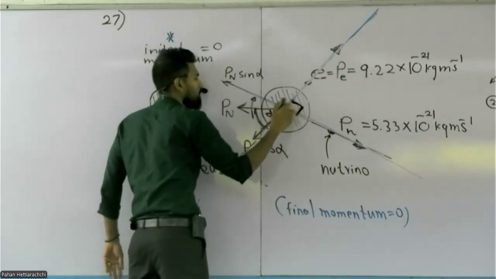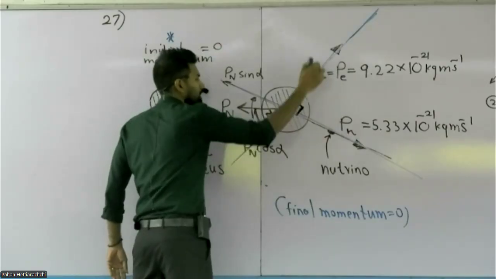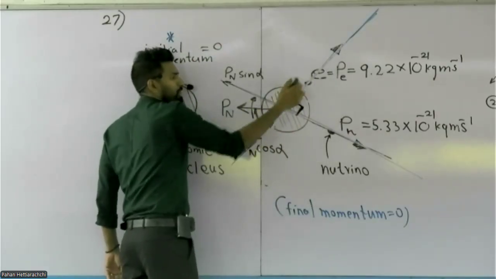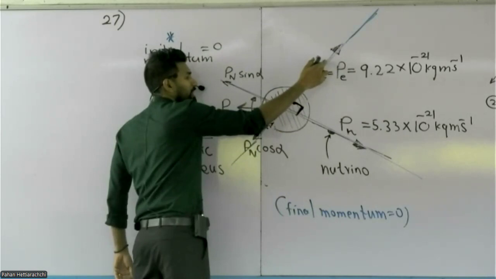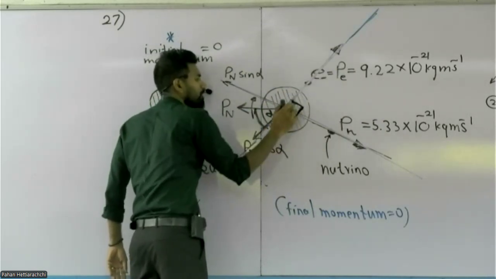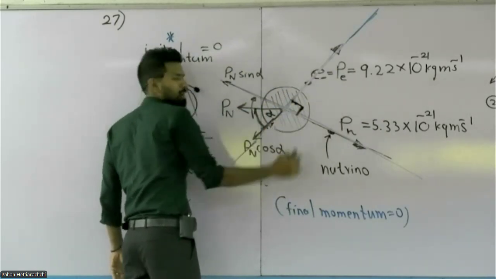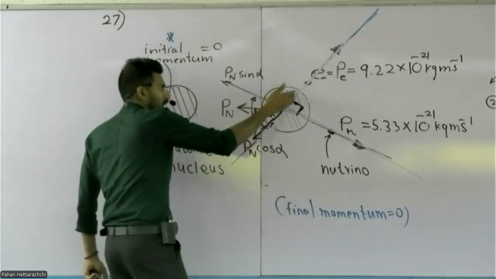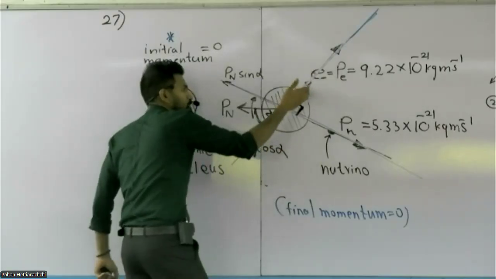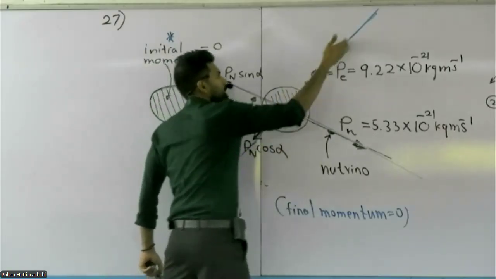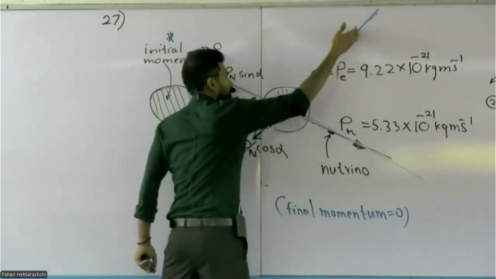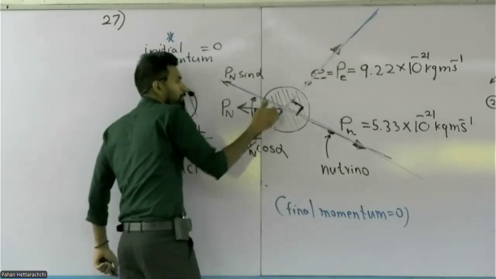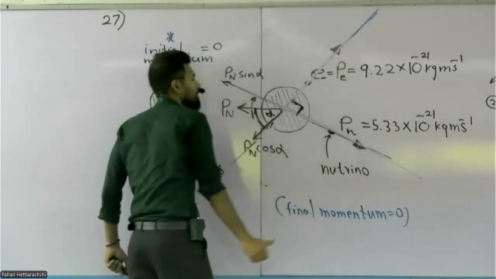Vectors in perpendicular directions can't affect each other, so the momentum of the electron cannot be affected by the momentum of the neutrino. Why? They are perpendicular. So I will consider the direction where the electron is moving. The momentum from the electron is in this direction. This direction is not affected by the perpendicular direction where the neutrino is moving.